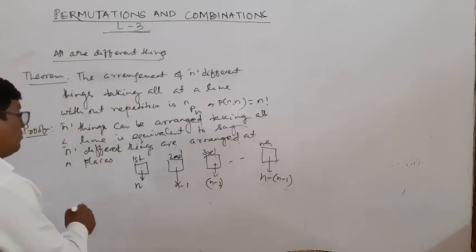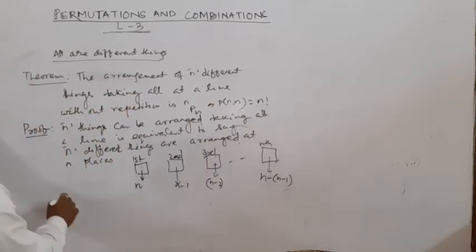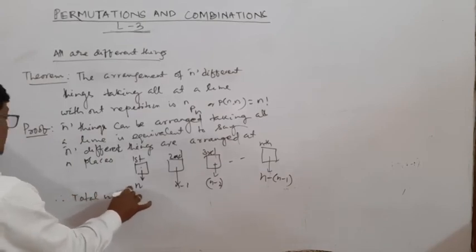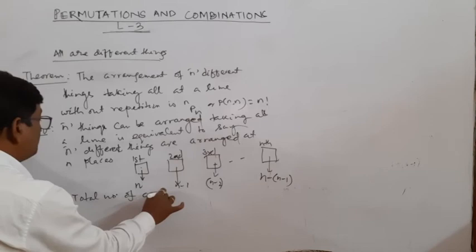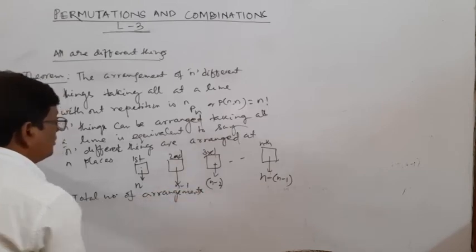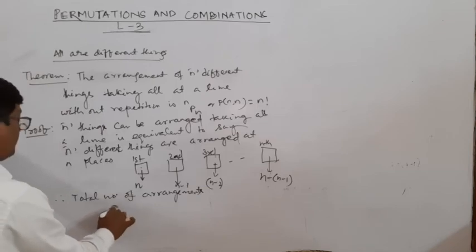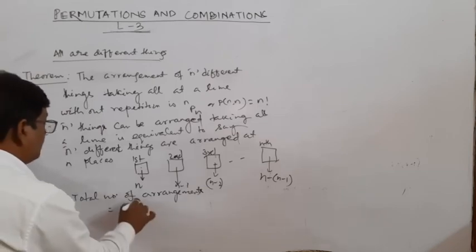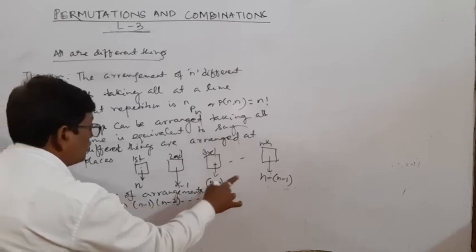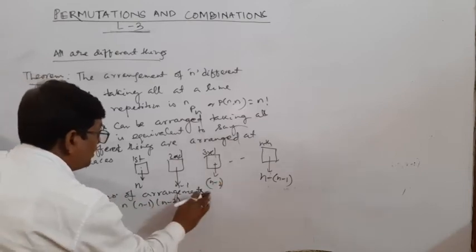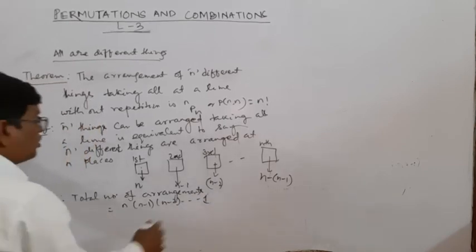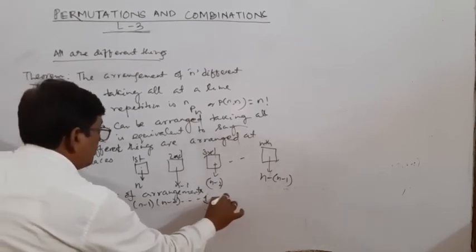Therefore the total number of arrangements is equal to n into n minus 1 into n minus 2 up to 1, which is n factorial.